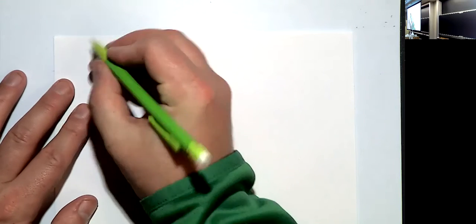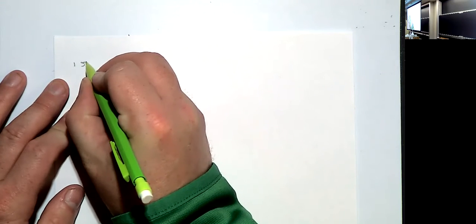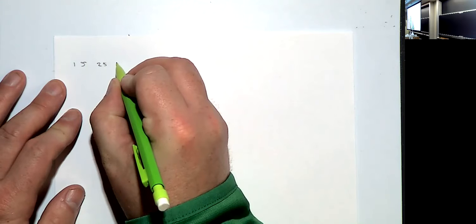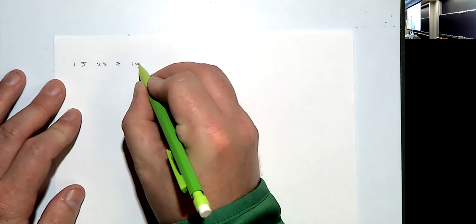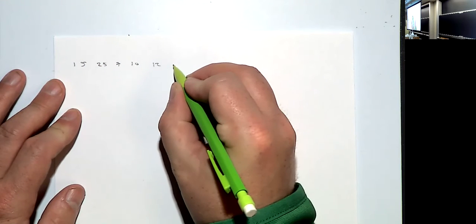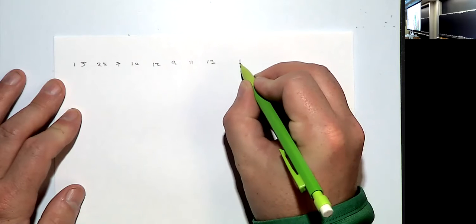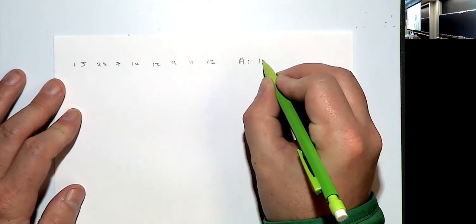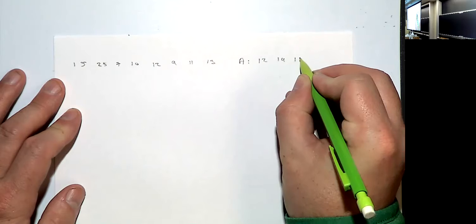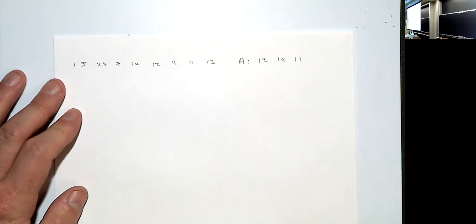So this would just be 15, 25, 7, 10, 12, 9, 11, 13, and then accesses are going to be 12, 14, and 11.